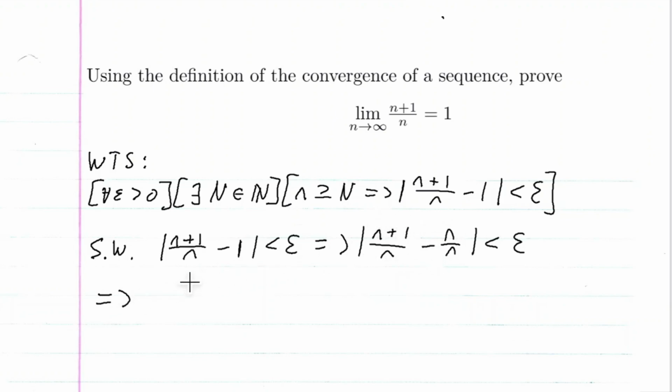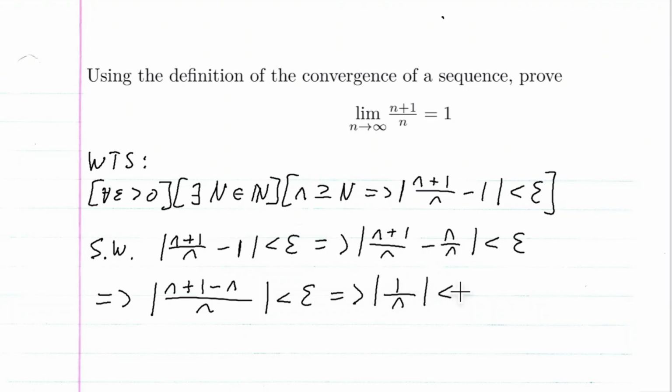And then since we have a common denominator, we can combine the numerator. So |(n+1-n)/n| is less than epsilon. And then this will be 1 over n. The absolute value of 1 over n is less than epsilon.